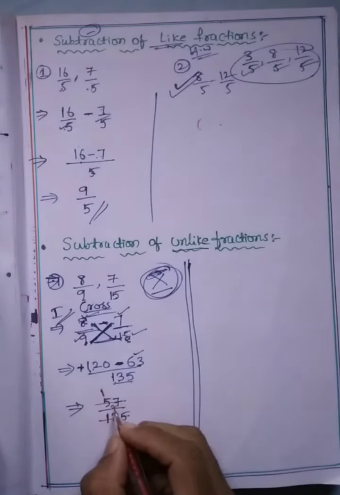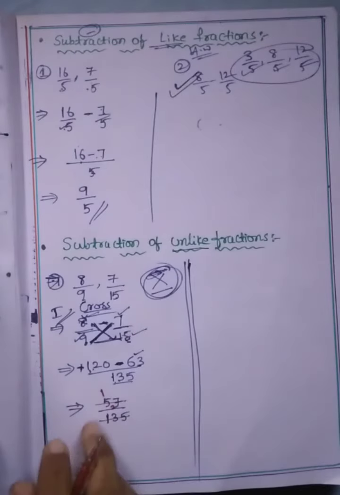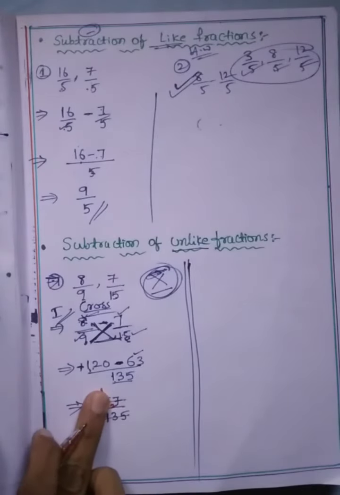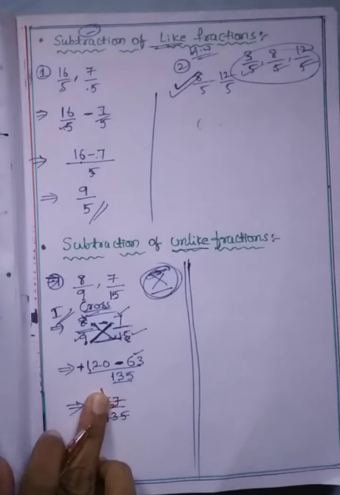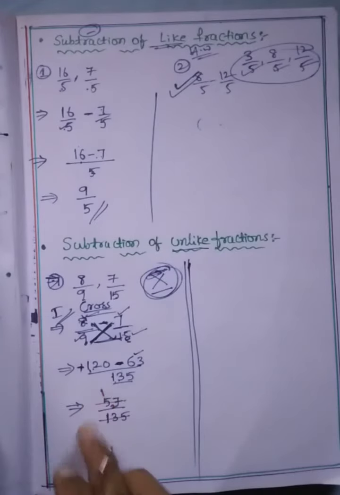Write that 2 simply like this. Then 5 and 2 7. You can read that 27. I hope that you have understood. 3 nines are 27.